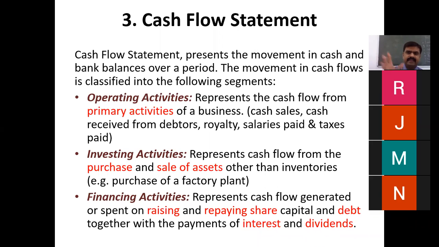We will calculate the cash inflow and outflow from operating activity, like your sales, cash received from debtors, royalty, mainly from your primary business activity. And second one, investing activity, whether they're buying any assets or making any financial investments, or buying any factory plant or selling any assets.